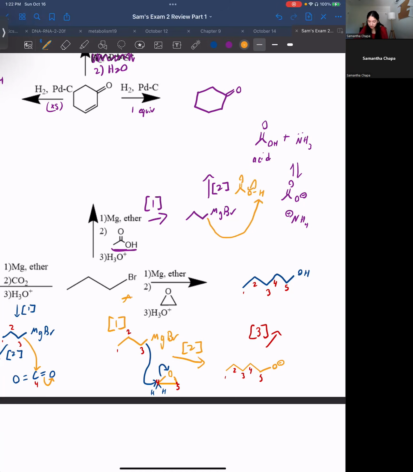So then my product should look like just like that. You have a total of 1, 2 bonds right here, 2 hydrogen, and you're adding 1 more to make an alkene. So it has 1, 2, 3. So that's your alkene.